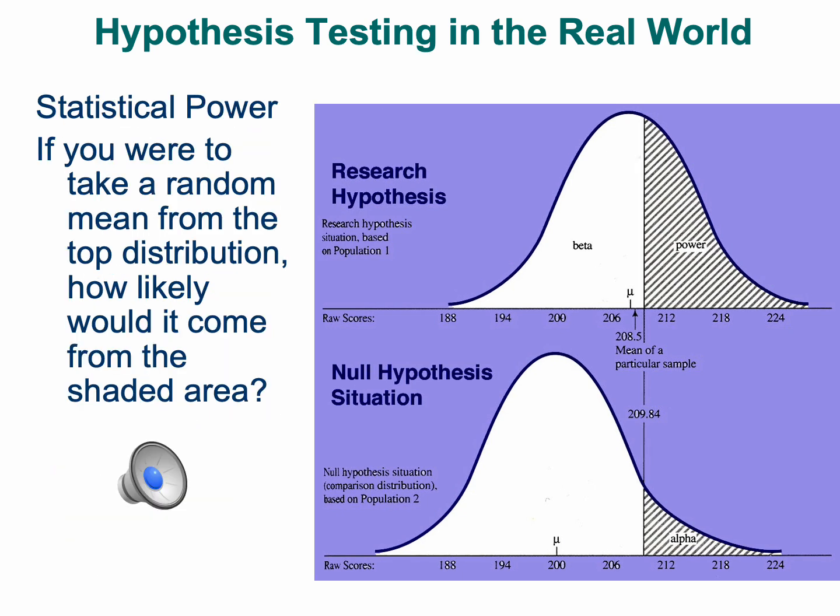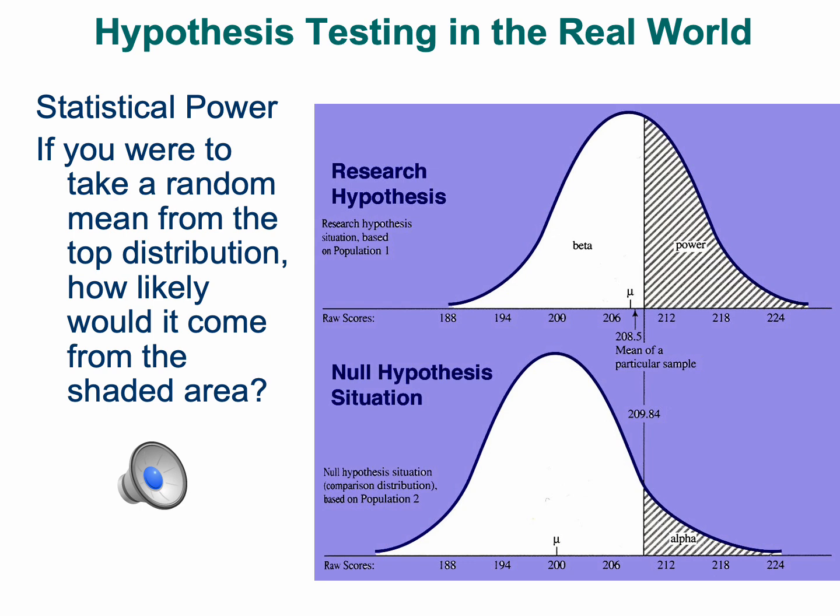Okay, in this next image, we have the same basic situation, but it's expressed slightly differently. Here, statistical power is also expressed as the area under the curve for the scores that would be in the alpha range, but it's framed as a certain kind of question. If you were to take a random mean from the top distribution, how likely would it come from the shaded area?